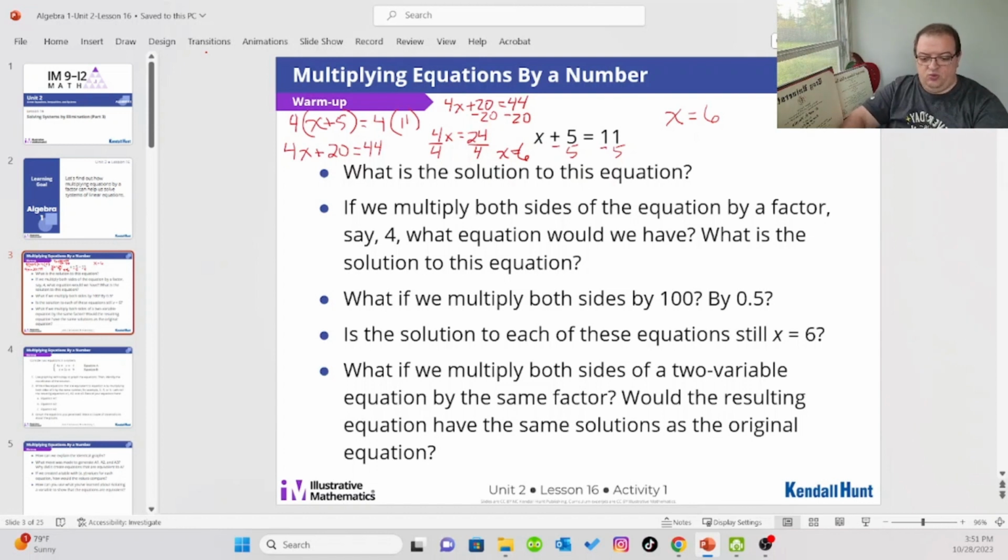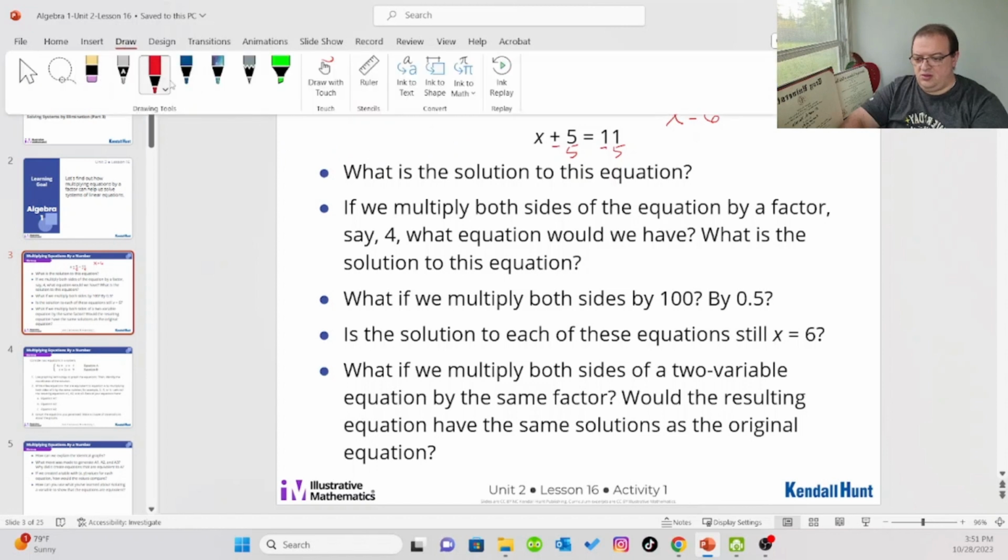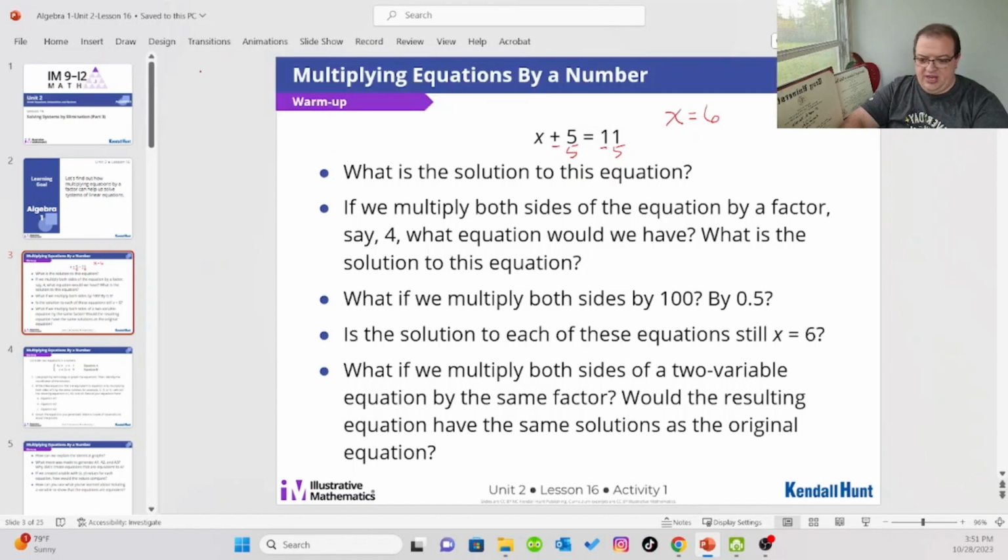Then they ask, what if we multiply both sides by 100? So if we multiply everything by 100, x times 100 would be 100x. 5 times 100 would be 500.